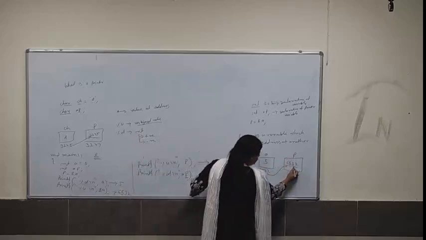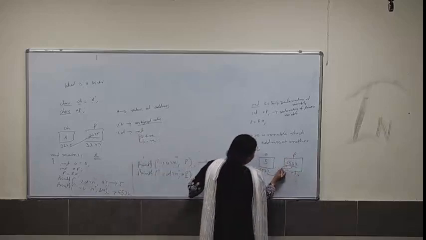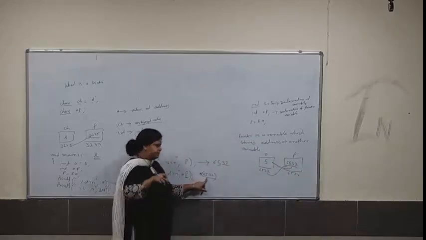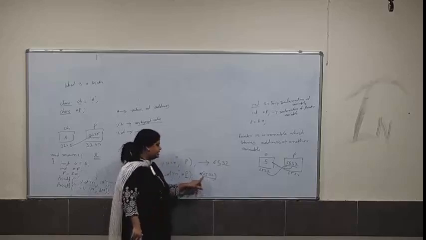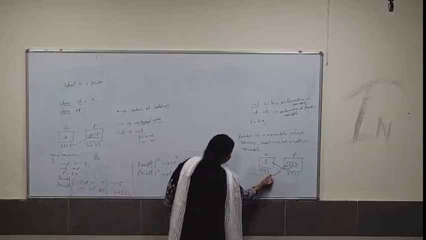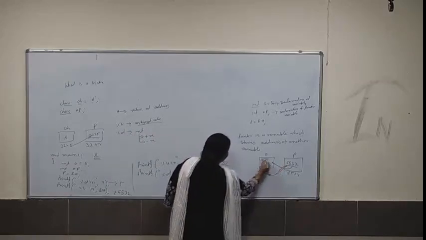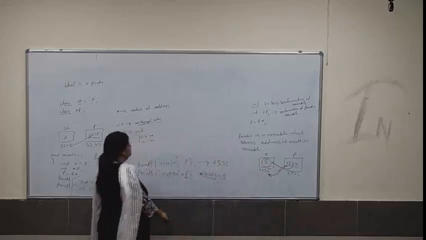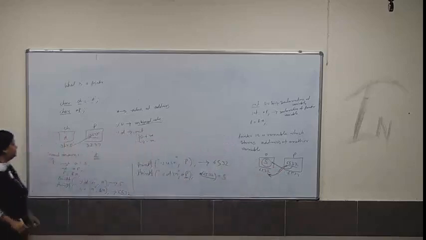That is 6532. Now it goes to the variable A and brings the value. That means star brings the value at this location. What is the location here? 6532 is nothing but the location of variable A. It goes here and then brings this value 5. Then the answer will be 5. So this is the concept of the pointer variable.